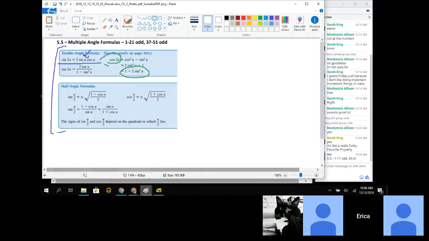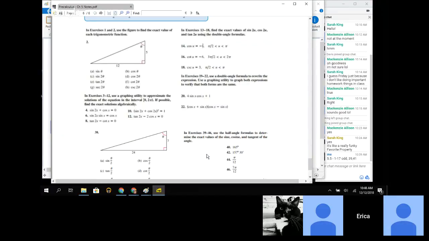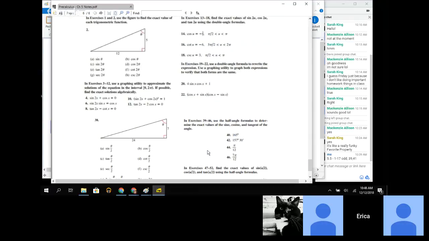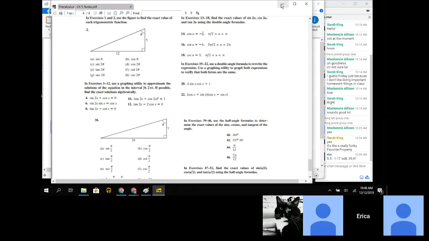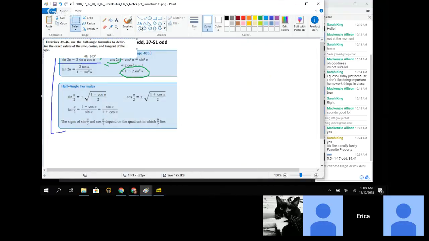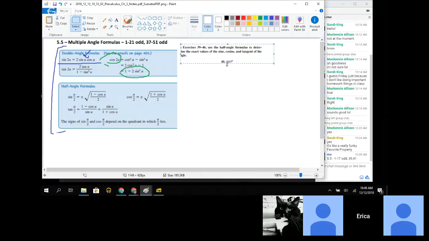Okay, so the last one I want to do is number 40. So this says basically for 39 and 41, use the half angle formula to determine the exact values of the sine, cosine, and tangent of the angle.